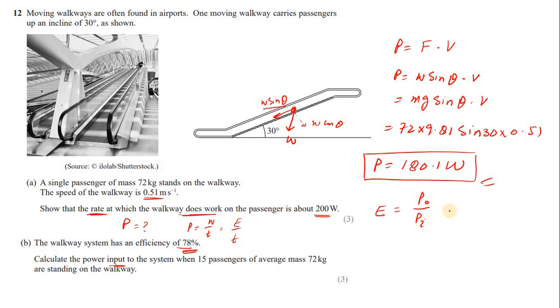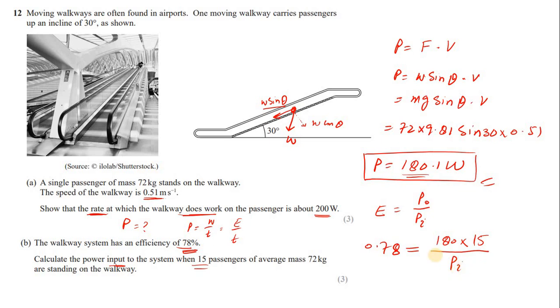The efficiency is 78%, so 0.78 is equal to the output power. We have the output power of the walkway for one person, 180, times 15, as 15 passengers are there, divided by Pi.